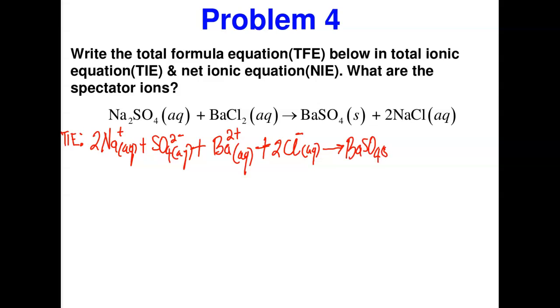BaSO4 solid plus. Now this is aqueous, therefore this can be broken. So we have 2 sodium ion aqueous plus 2 chloride ion aqueous. Let me try to fit it in.